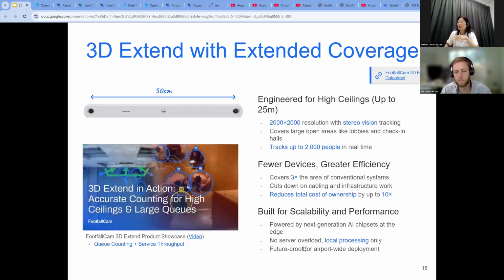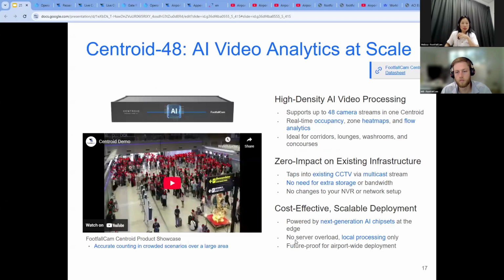The next device we have is the Centroid 48. This is AI video analytics at scale. This slide we introduced, this is very powerful, a high density AI video analytics box that can handle up to 48 of your CCTV IP camera streams simultaneously.